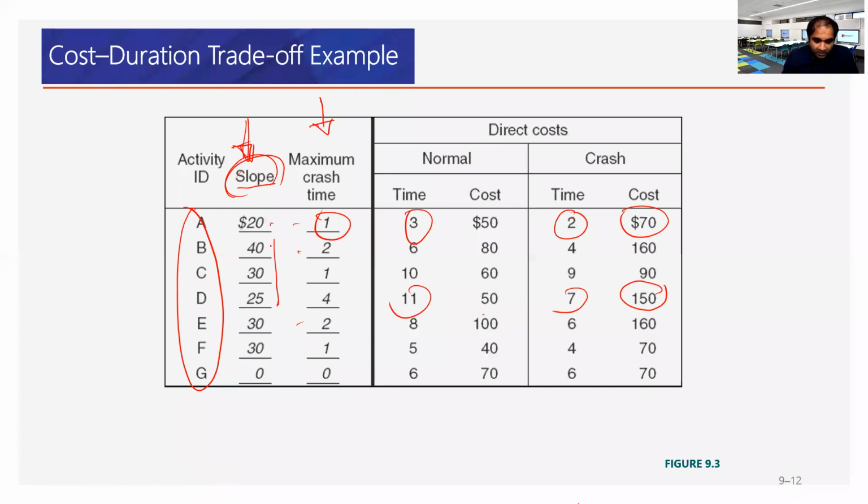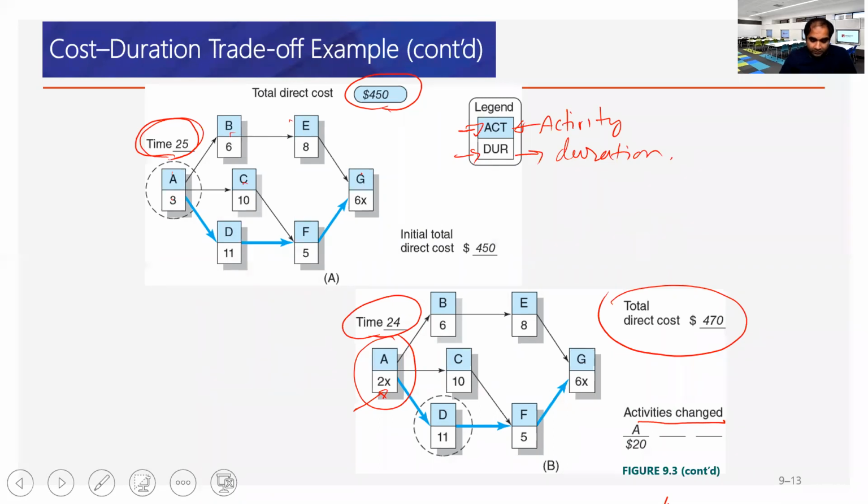We can see that B, C, and D can be crashed by 4 days, 1 day, and 2 days. And out of this, C is the lowest cost. So if you crash activity C, that is the smallest increase in the total project cost.